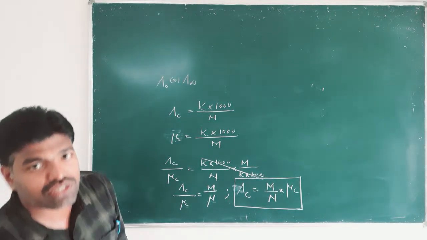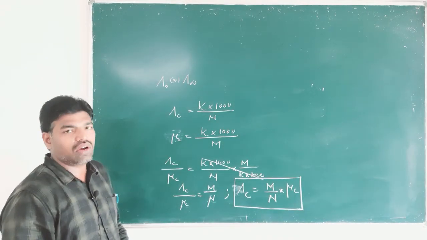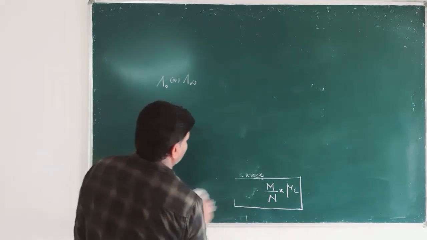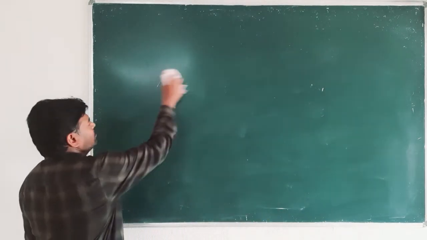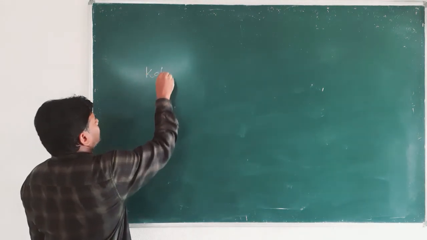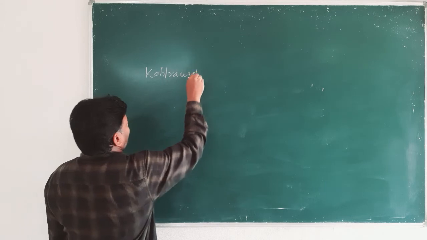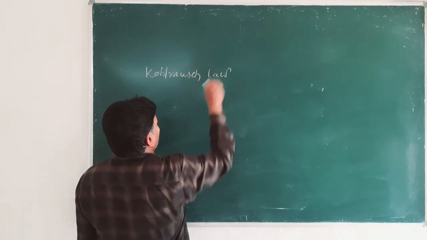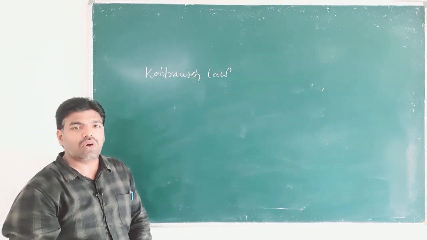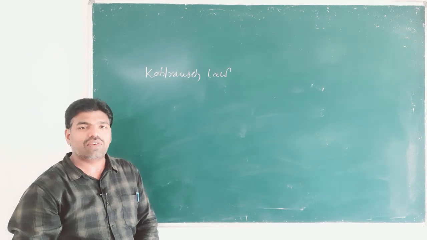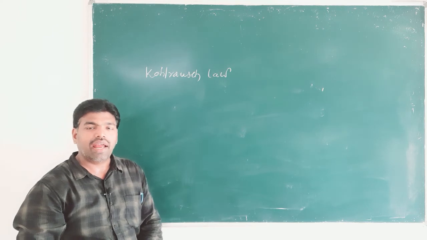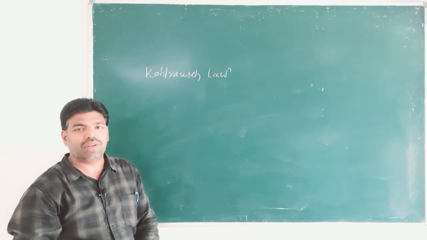Okay. Now, let us go through the Kohlrausch law of independent migration of ions. This law states that the equivalent conductance of an electrolyte is equal to the algebraic sum of equivalent conductance of cation and anion at infinite dilution, right.